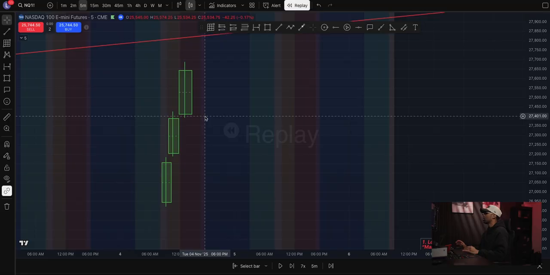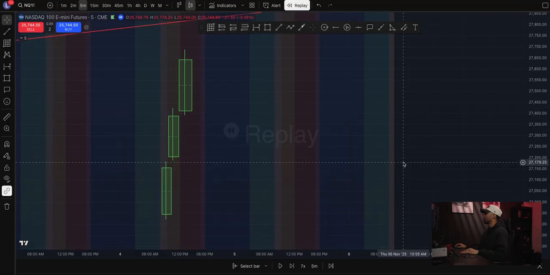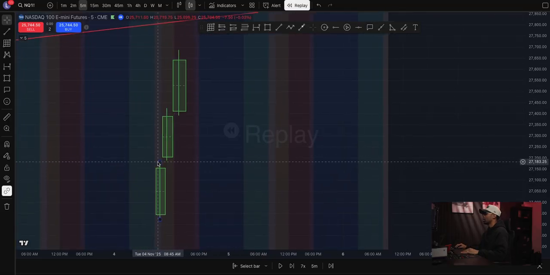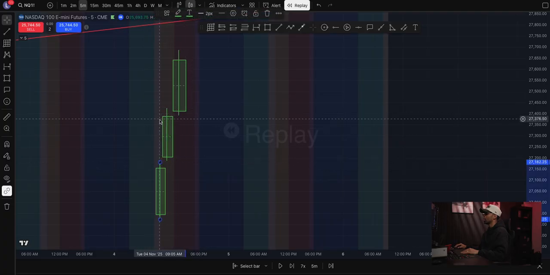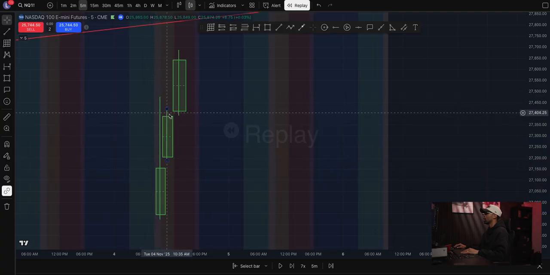Fair value gaps are made up of 3 candles, right? The fair value gap is the gap between the top of this first candle's wick and the bottom of the wick of this candle right here. If you ever find where the market has wicks that look like this, and there is no gap between this wick and this wick, there would not be a fair value gap that populates here.